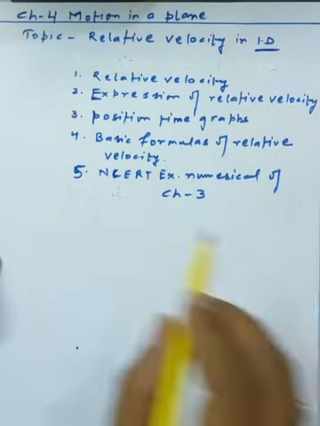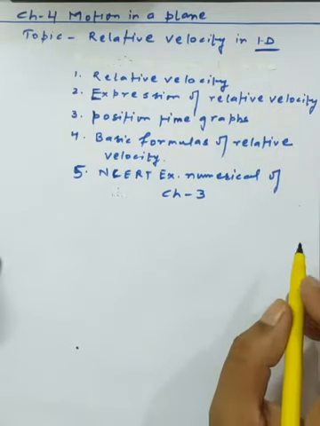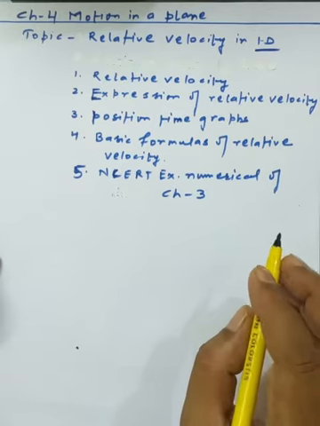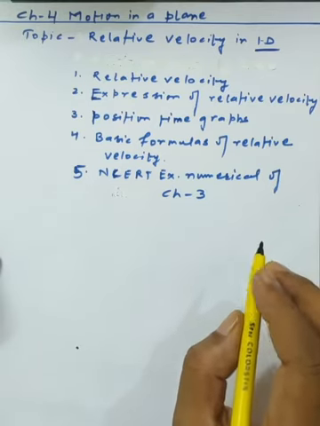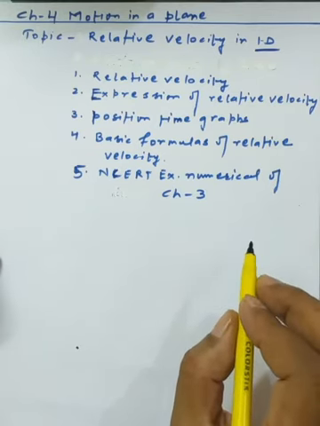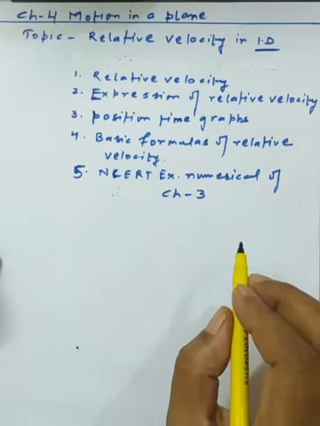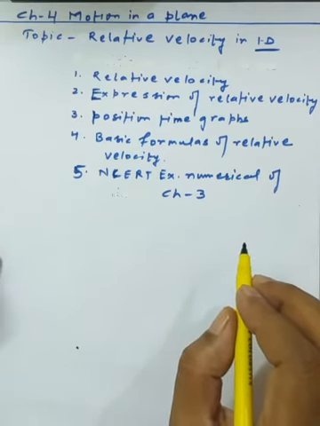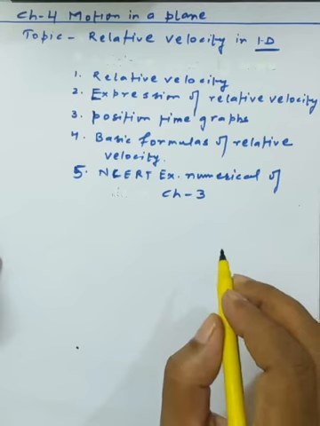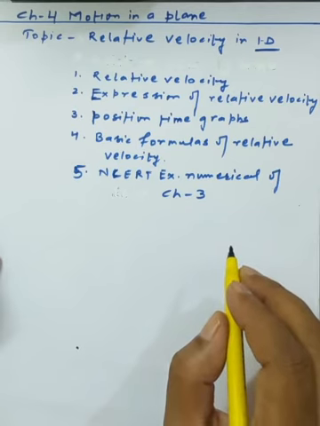The basic concept of relative velocity: we always have in our mind that we are dealing with the velocity of an object like an absolute velocity, but it's a wrong concept. We should always accept the velocity of an object with respect to another object. If I say my velocity is 20 kilometer per hour, it's wrong.